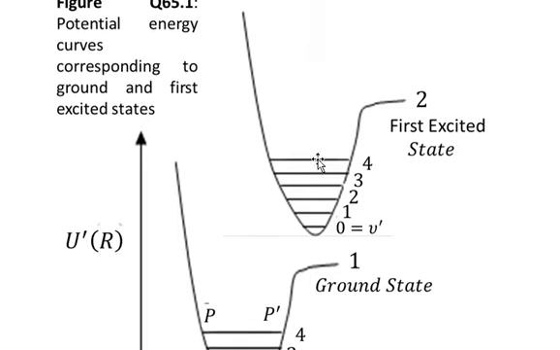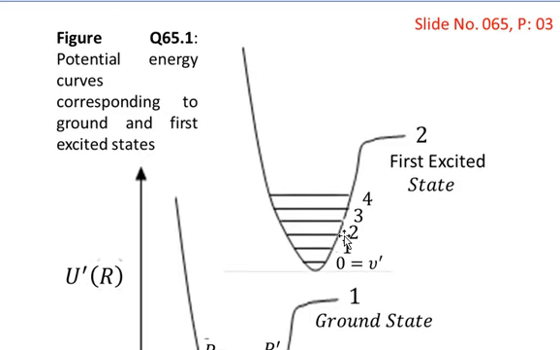So we have a curve for when the molecule is in the first electronic excited state. For that there are also many vibrational levels that we have shown. The vibrational quantum number is now V single prime, so V single prime is equal to 0, then 1, then 2, and so on. Up to level 4, the separation between the vibrational levels is the same.